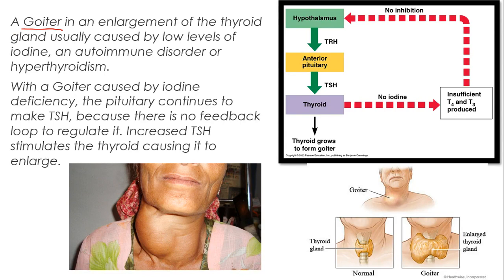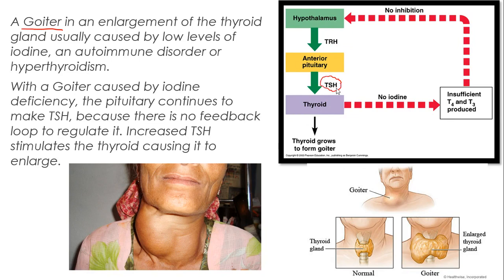An enlargement of the thyroid is called a goiter. All right, and this can be for a number of different reasons, but one of the main reasons for goiter is an iodine deficiency. So if you don't have enough iodine in your diet, you won't produce enough thyroxine. And what happens is the thyroxine doesn't go back and inhibit the TRH. It doesn't inhibit the TSH. So the thyroid is constantly getting a message that it needs to make more thyroxine.